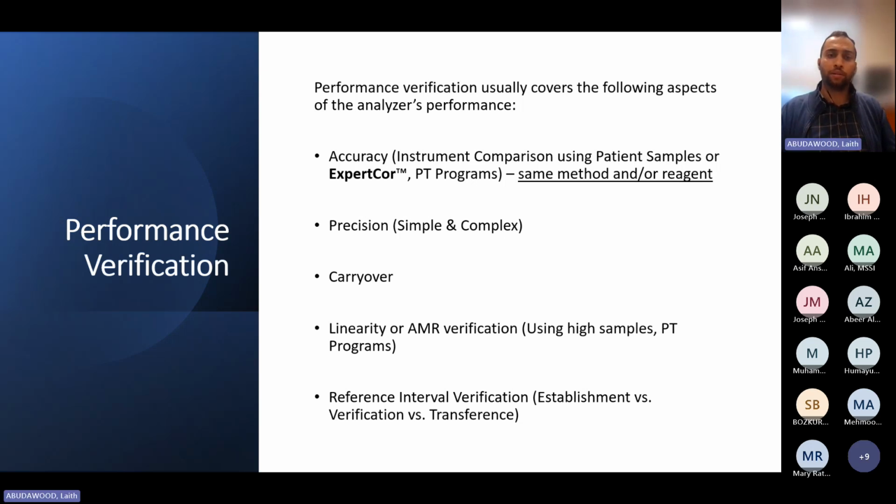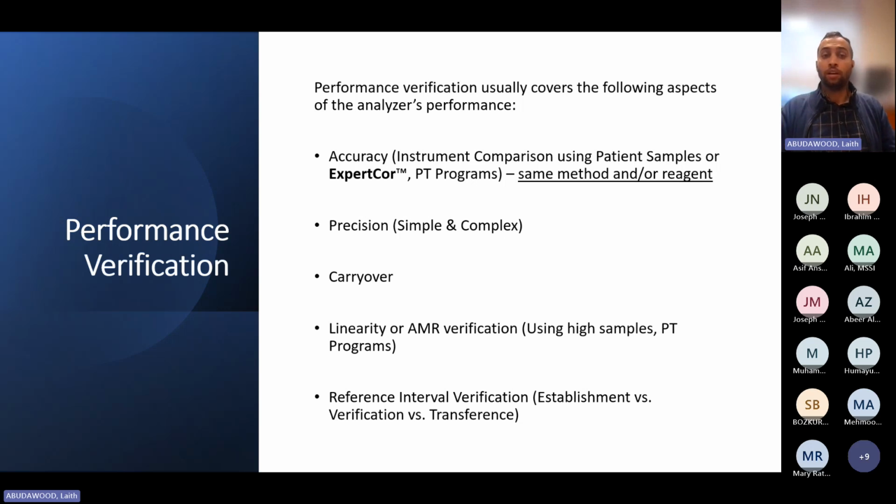Now, linearity. Linearity sometimes is used interchangeably with analytical measuring range verification, AMR, analytical measuring range. They are not really one and the same. Okay, linearity is one component of the AMR verification. Linearity in most cases is referred to, I will get samples with different concentrations covering the whole measuring range that Stago is claiming. For example, Stago says I can measure factors between 1% and 400% for factor 8.